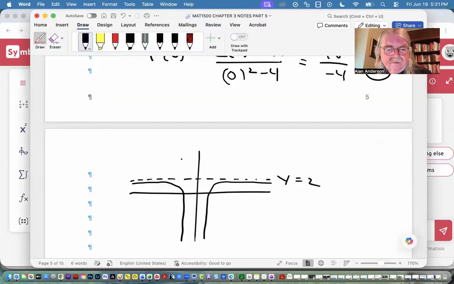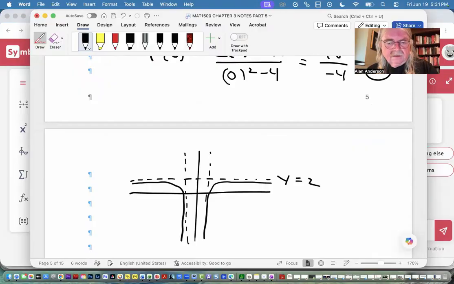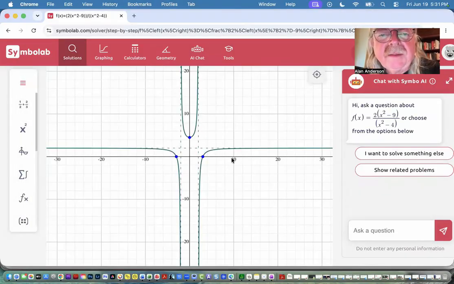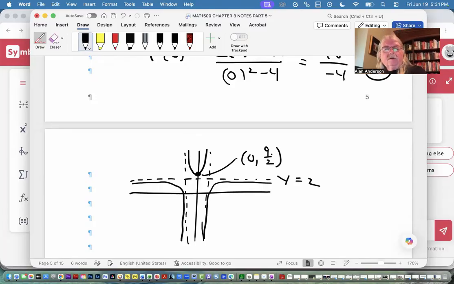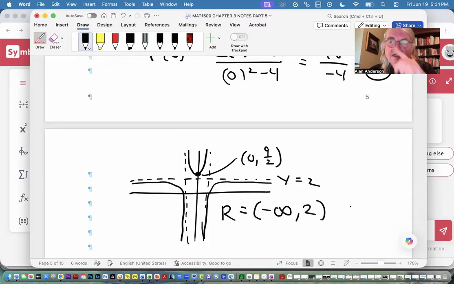We're going to have, man, look at this thing. So in other words, this parabola cannot fall outside this range. So in other words, the range is everything from negative infinity up to 2, not including the 2.